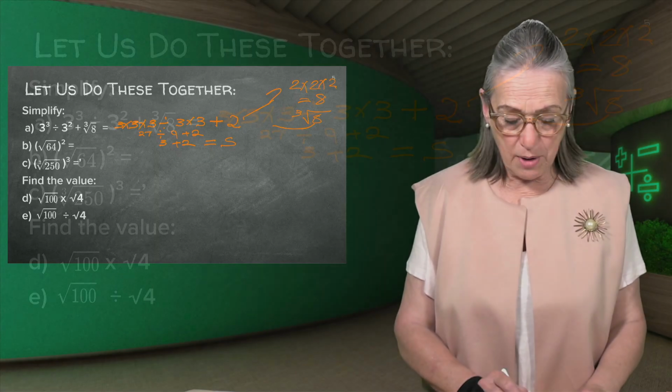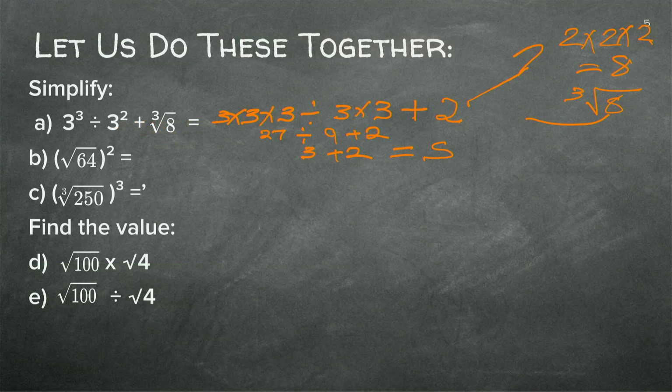So now there's one of those tricky ones. They ask us the square root of 64. And what do we know? That is 8 times 8 equals 64. I hope you remembered that. So the square root of 64, and then they ask us to square that again. So what is our answer? Square root of 64 is 8, 8 times 8 is 64. Who of you got that correct?